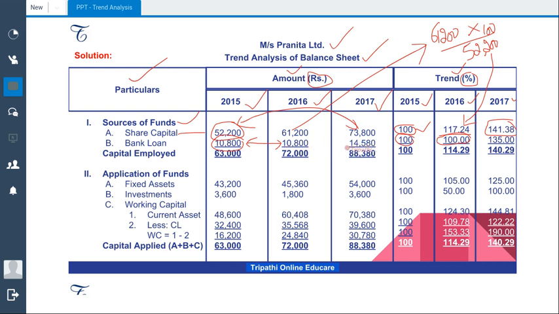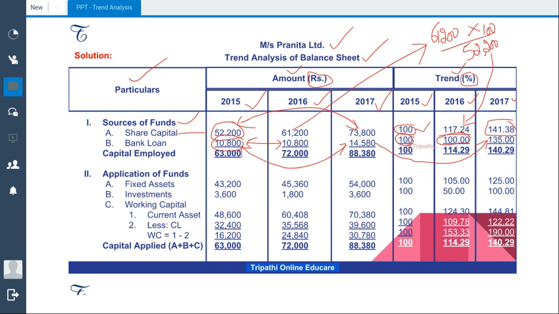2017, let us calculate: 14,580 into 100 divided by 10,800. Once you calculate, you will get 135%, right? So in the first year, bank loan is 100%, in the second year also 100%, and in the third year it is 135%.